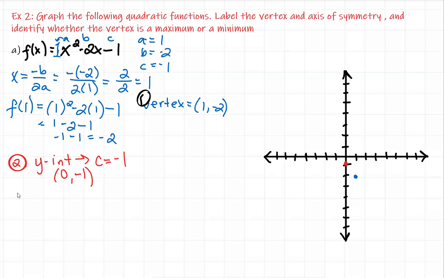Okay, and maybe the next thing we should do is draw our axis of symmetry. We already know the axis of symmetry because remember, it's the x-coordinate of our vertex. It's this thing right here, which is 1. So x equals 1 is our axis of symmetry. So we know that our parabola is going to be cut in half by this line.